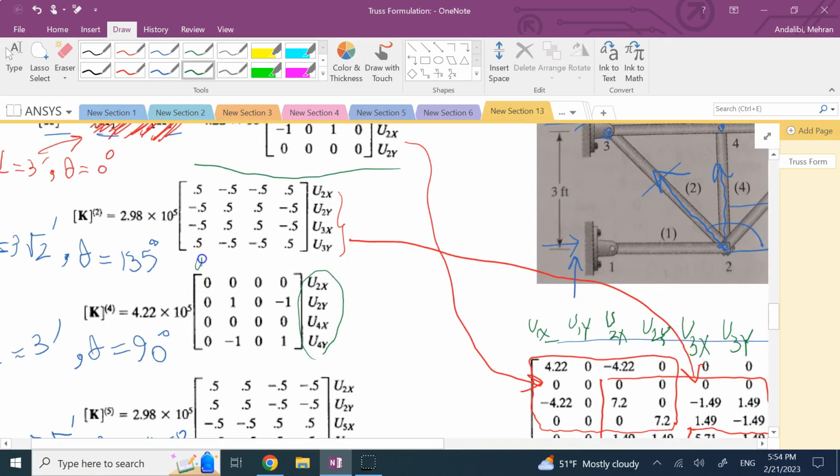So if I write these here, u2x, u2y, and u4x and u4y. If I look at this portion of it, this is only between 2 and 2, right? u2x, u2y, and u2x, u2y.